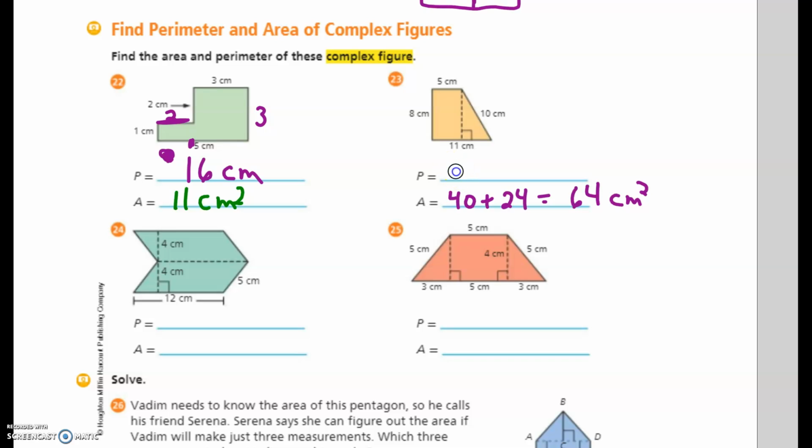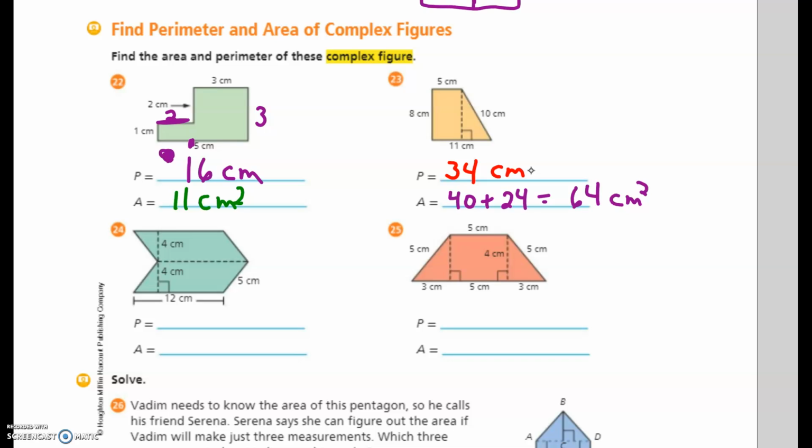And I got 34. Did you get 34 also? Okay. Centimeters.